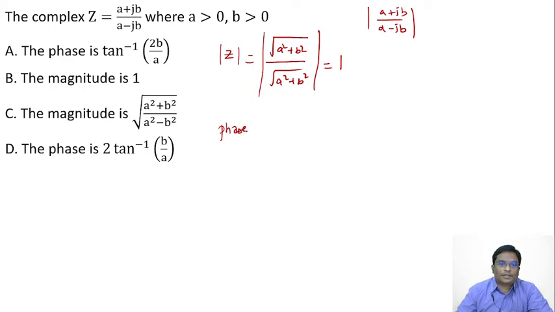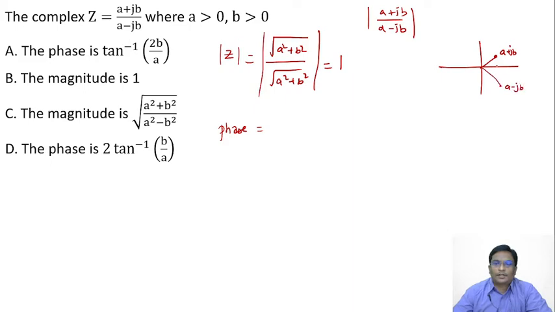If you ask the phase, a plus jb is in the first quadrant. This a minus jb is in the fourth quadrant. What is this angle? This is tan inverse of b by a. What is the angle here? Minus tan inverse of b by a.